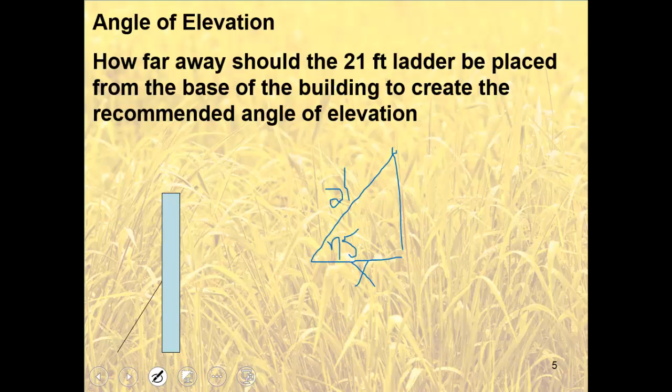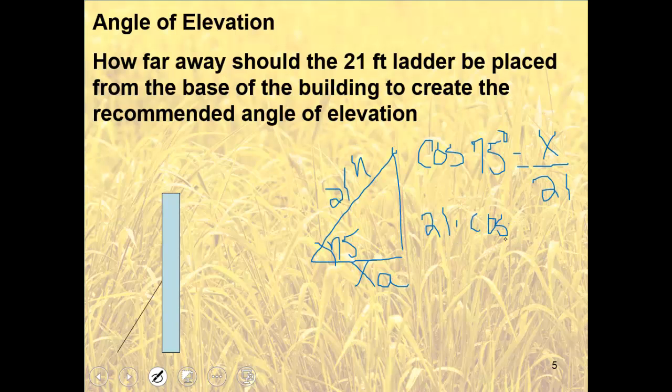What's this distance? Well, we're going to use the cosine because this is the adjacent over the hypotenuse. So the cosine of 75 degrees has to equal x over 21. I'm going to multiply both sides by 21. 21 times the cosine of 75.